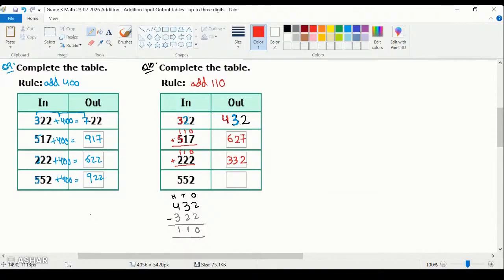Shouldn't it be, no, you are adding 111, right? Because the last value is not changing. The ones is not changing, so ones is 0, 110 we need to add.